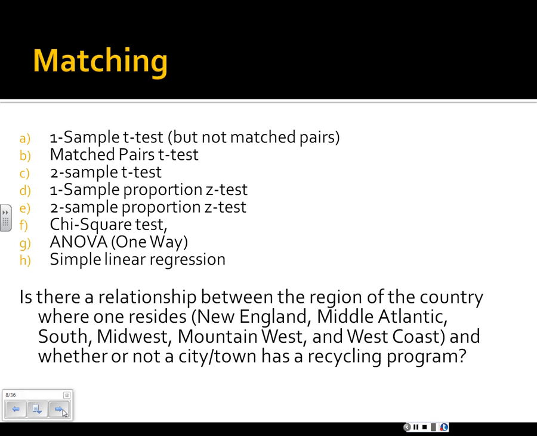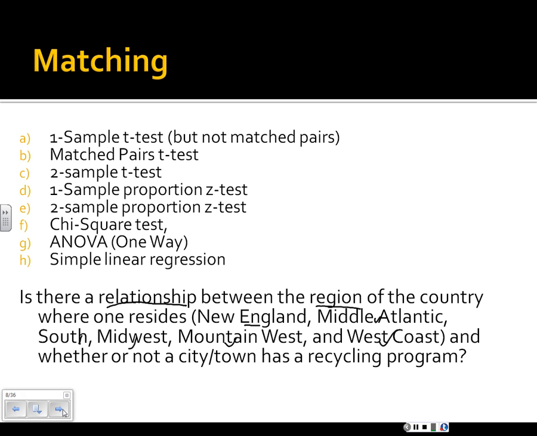Okay, the next one asks relationship. Now for me that's enough. Notice it doesn't say linear relationship. So it's probably going to be the chi-square test. But you can look here and you can say one variable is where they live, what's the region, and there are 1, 2, 3, 4, 5, 6 regions.